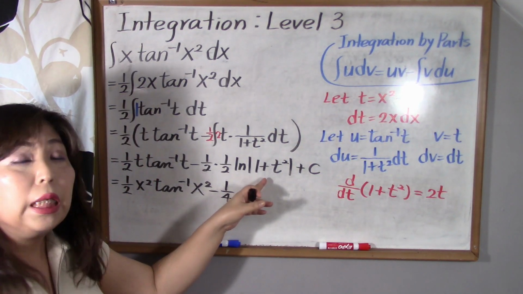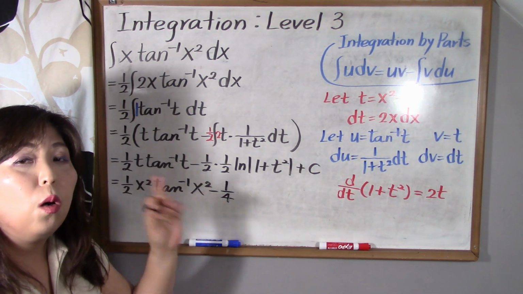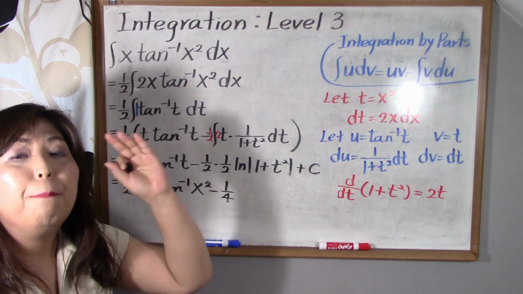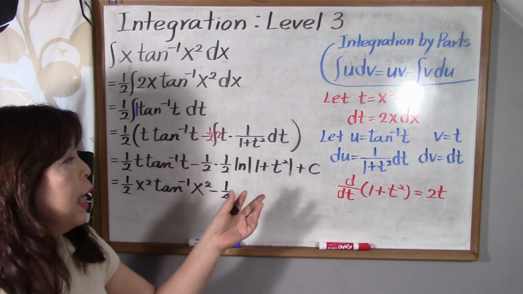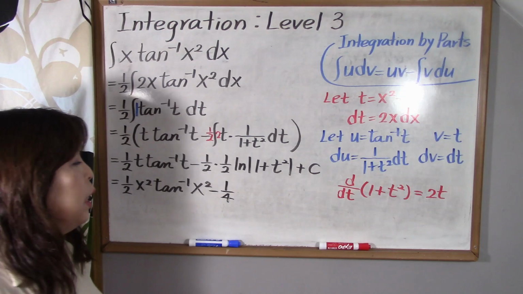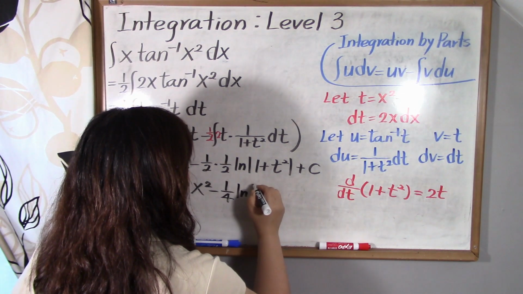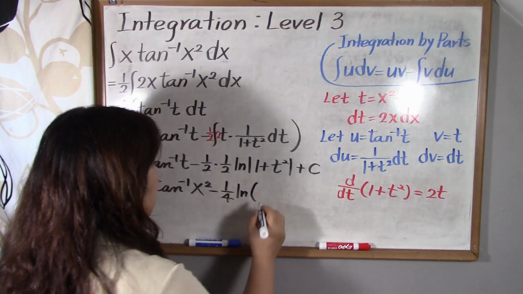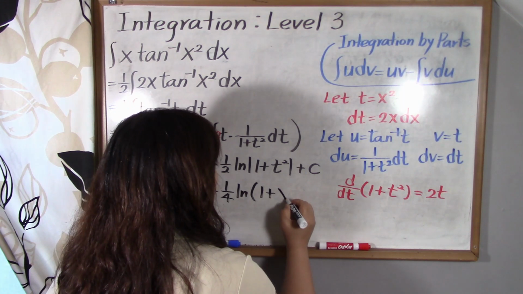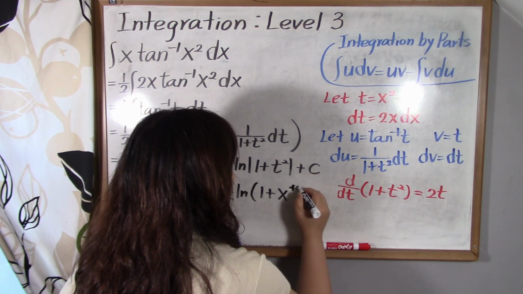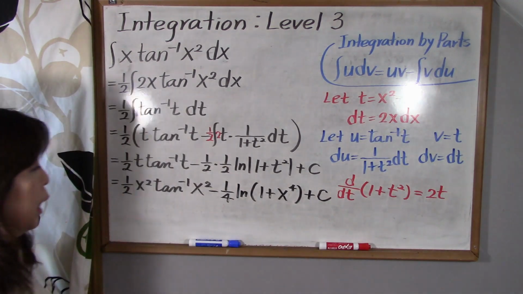So the inside of the absolute value is always positive. So we're not going to need the absolute value sign. We're going to use parentheses: ln parentheses 1 plus t squared, which is x to the 4th power, plus constant c.